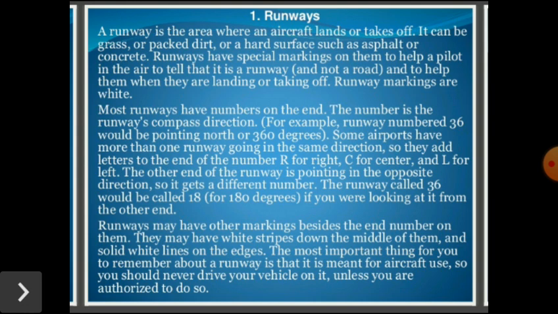Also, runways may have other markings besides the end number on them. They may have a white strip down the middle and solid white lines on the edges. The most important thing to remember about a runway is that it is meant for aircraft use, so you should never drive your vehicle on it unless you are authorized to do so.